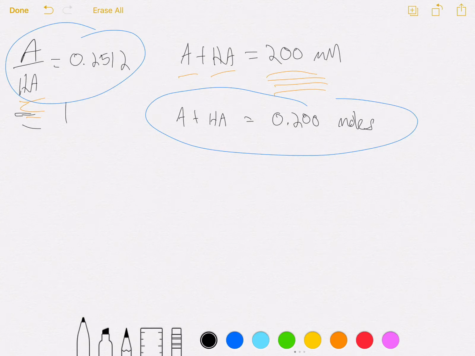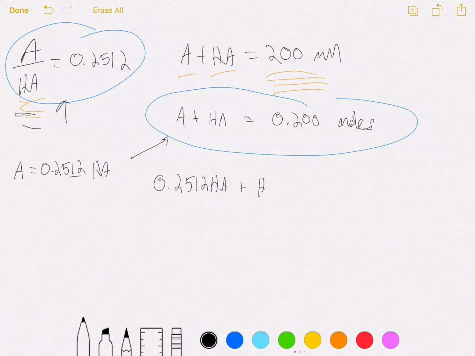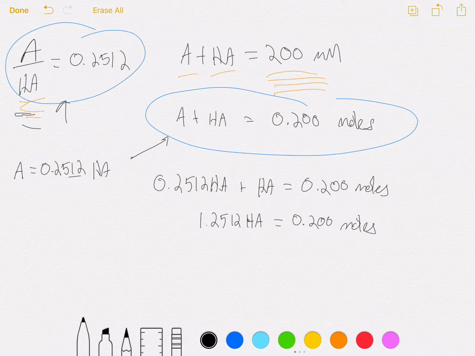If you multiply both sides of this equation by HA, you get A equals 0.2512 HA, which can then be plugged in over here: 0.2512 HA plus HA equals 0.200 moles. Then you add these together, 1.2512 HA equals 0.200 moles.